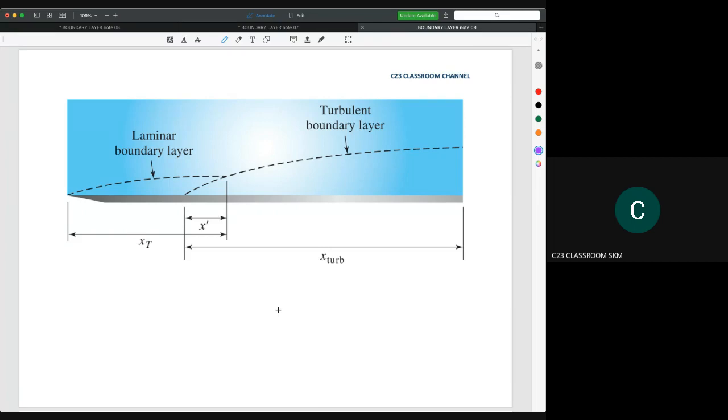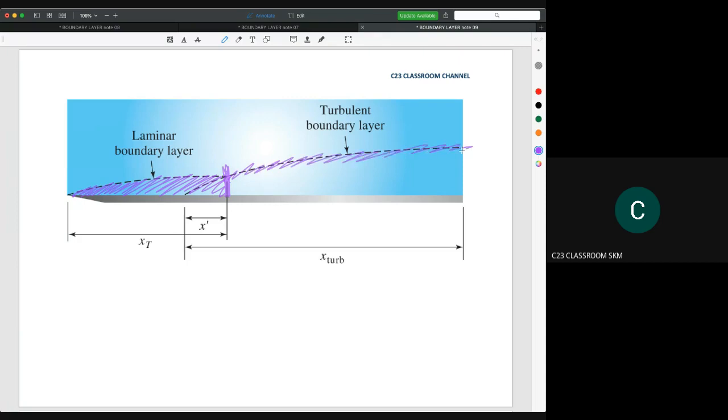But if the velocity is not too slow but not too high, in the intermediate range, it will create a laminar boundary layer for a certain length. Then the transition occurs, and then it will create a turbulent boundary layer.